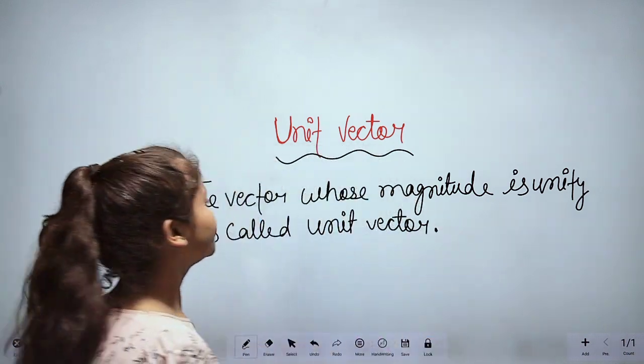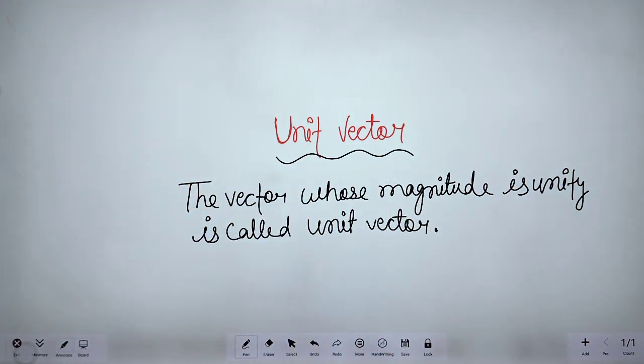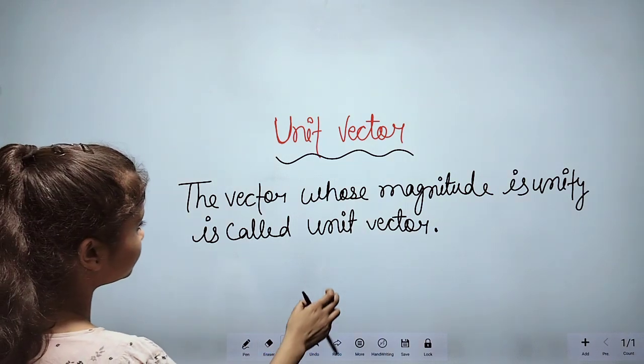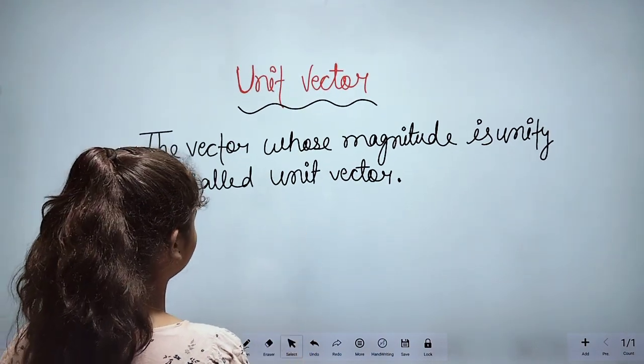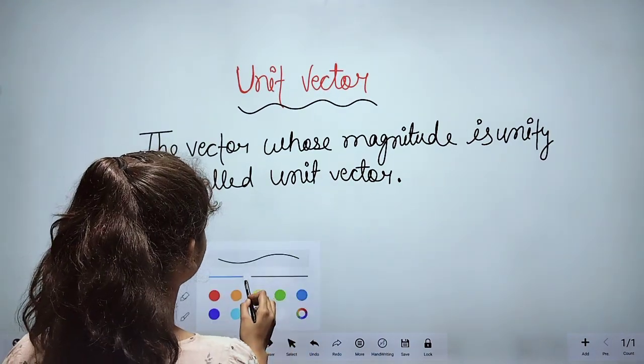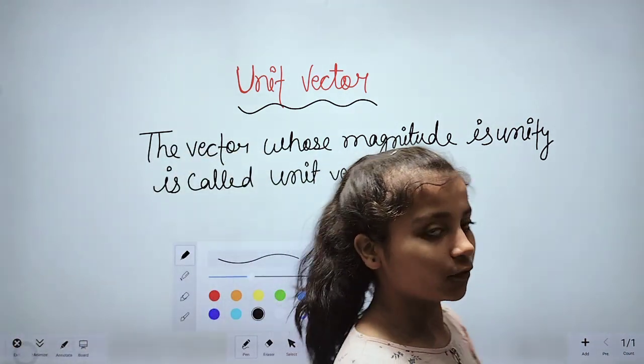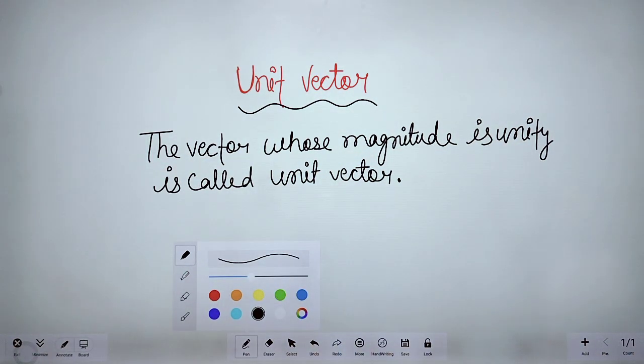It means the vector whose magnitude is 1 is called a unit vector. Unity means 1. So the vector whose magnitude is unity is called a unit vector.